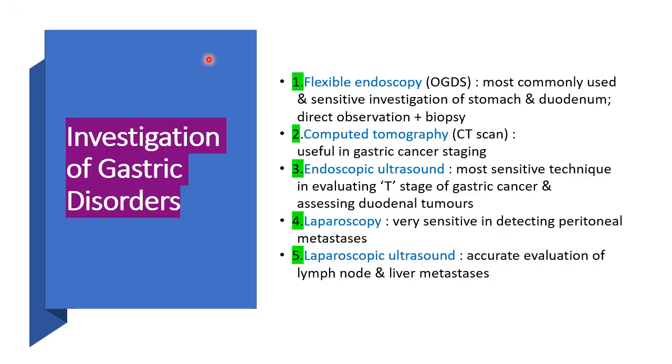Now we come to the investigations of gastric disorders. I've listed here five important investigations. The most important of these, I'm sure you are all very familiar, is the flexible endoscopy, or OGDS, esophago-gastroduodenoscopy. It is the most commonly used and sensitive investigation of the stomach and duodenum.